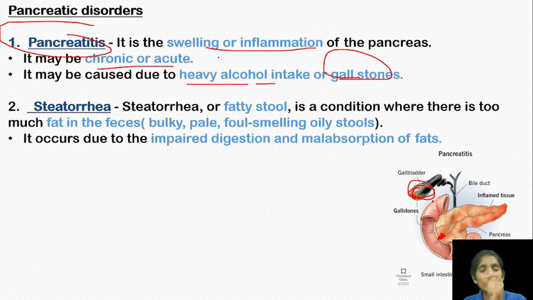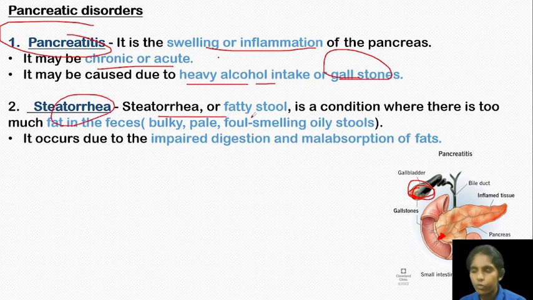When there are gallstones, the pancreatic juices and also the bile juices will not flow into the small intestine properly, and as a result they will get accumulated in the pancreas and the gallbladder, and the pressure will build up, resulting in the inflammation of the pancreas.